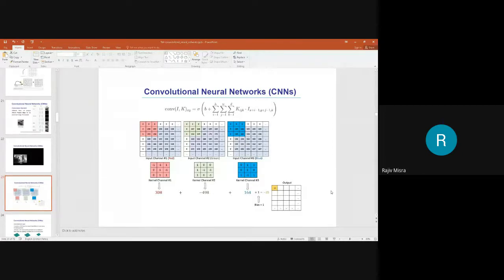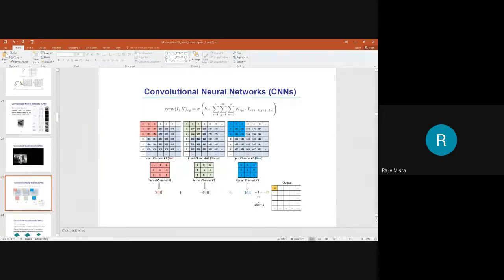Now, if you want to retain the same size as the output, you have to do zero padding. Zero padding means zeros are filled in the rows and the columns around the image, so that it will form a 7 by 7 matrix. Zeros are padded over there, and then you perform the convolution operation that I have explained.